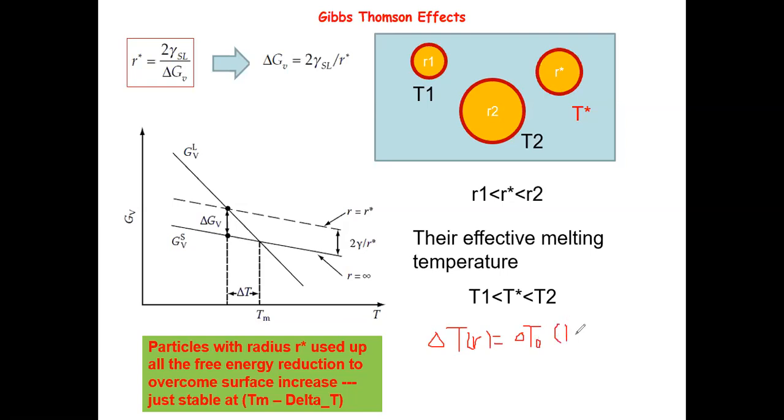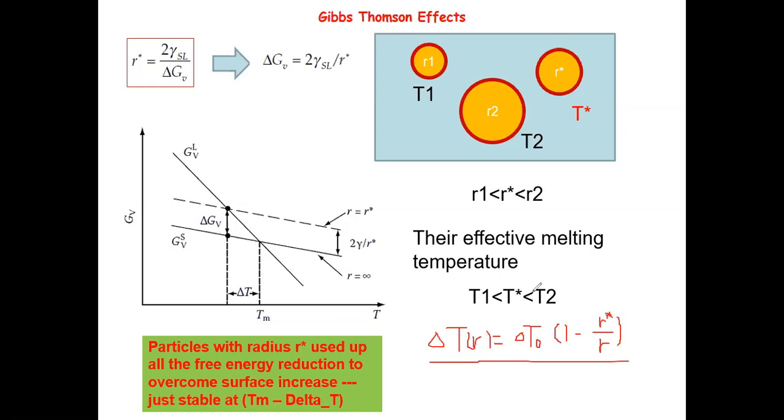And I can't remember exactly, but I think it's going to be given by this. This is your R star, okay? And this is going to be your R. Okay, so this is a key result from the analysis of the Gibbs-Thomason effect.